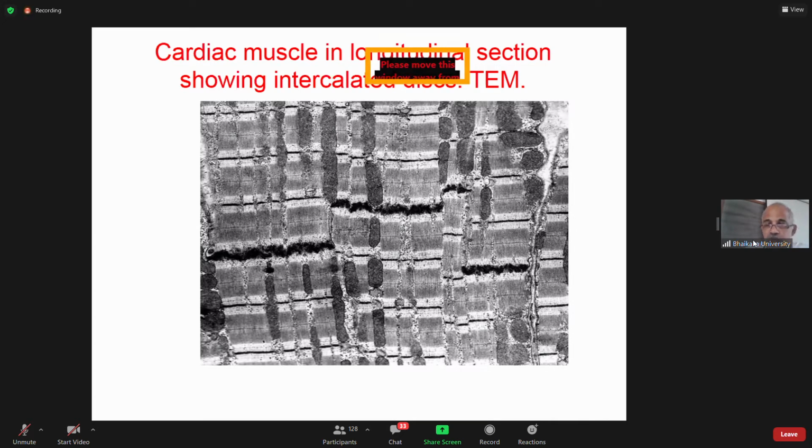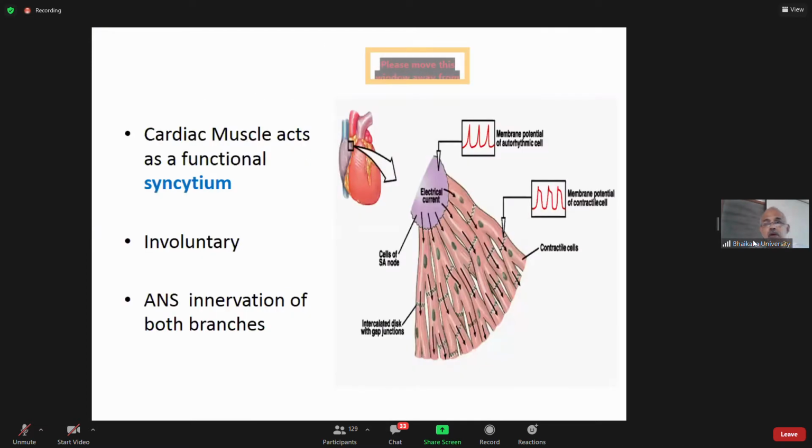The main function of the heart, you know, is to pump the blood. For pumping it, the whole muscle has to contract as a unit. So you can say the heart has 2 units, the ventricular unit and the atrial unit. When the impulse is generated and conducted to the atrial musculature, the atrial muscles will contract as a functional syncytium, also as a single unit, because the impulses are rapidly conducted to the muscles.